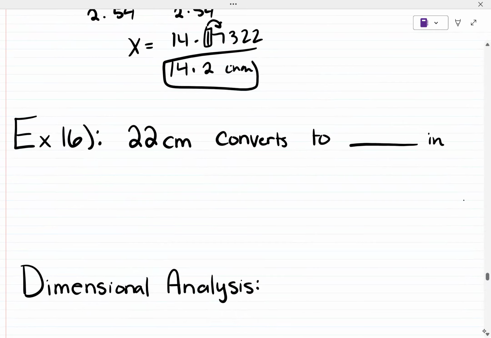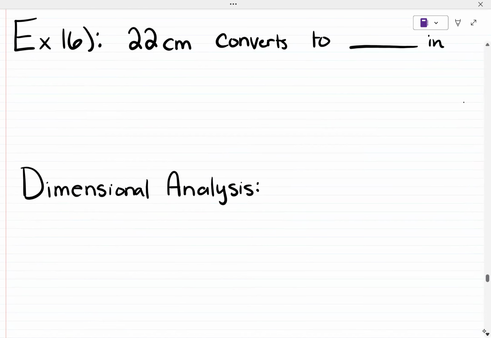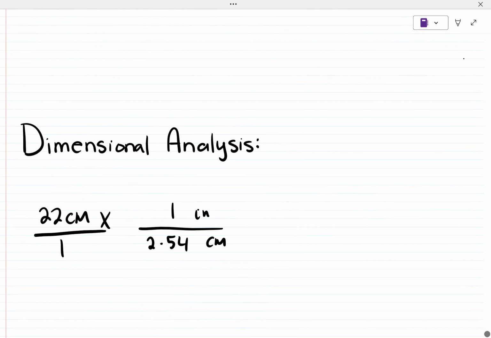Okay, example 16. 22 centimeters converts to how many inches, round to the nearest tenths? So we can just start with the dimensional analysis. We were given 22 centimeters times fraction, centimeters on the bottom, inches on the top. So for 1 inch, there was 2.54 centimeters, invisible 1.